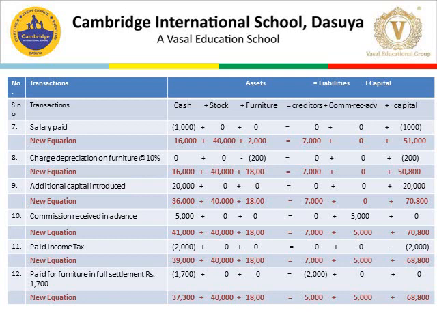There is no change in stock, no change in furniture. There is no change in creditors, but commission received in advance is 5,000 added on the liability side. Capital, no change. So new equation is 41,000 for cash, stock 40,000, furniture 1,800, creditors 7,000, commission received in advance 5,000, capital 70,800.